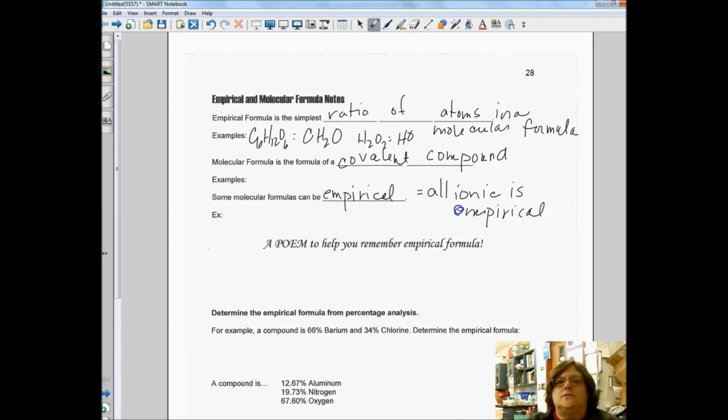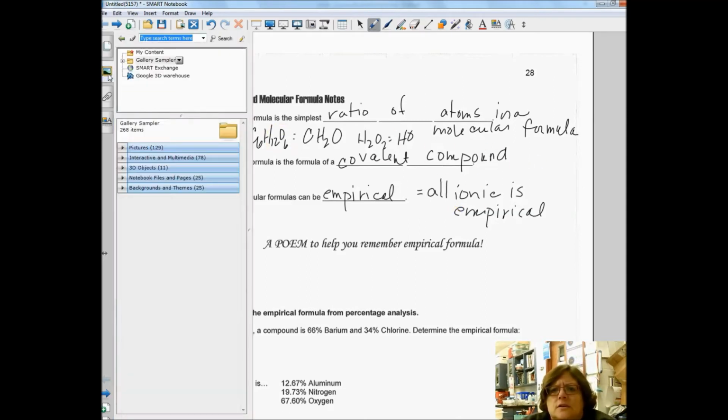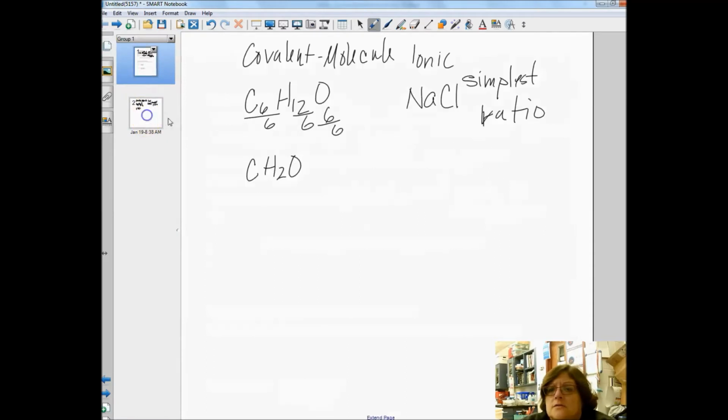Why, you ask, do we need to know the difference between empirical and molecular? Aren't we just going to be given it? Well, the answer is not necessarily. You guys have all seen shows like CSI. Not CSI, NCIS, they have Abby Sciuto, and she is the tech, and they bring back samples from crime scenes, and she feeds it into a mass spectrometer, and it spits out information for her.